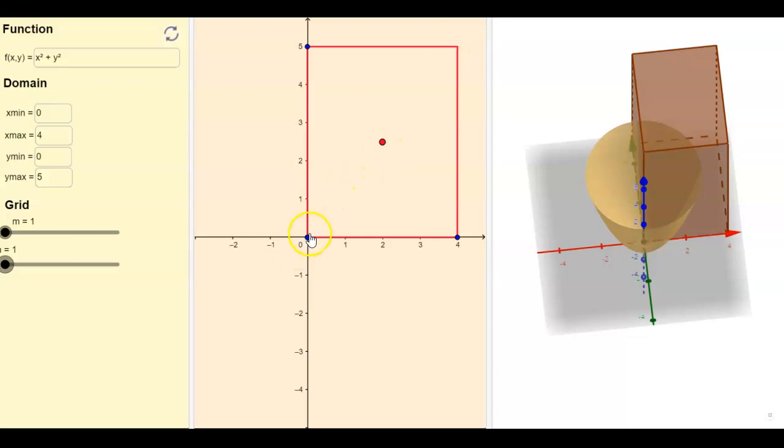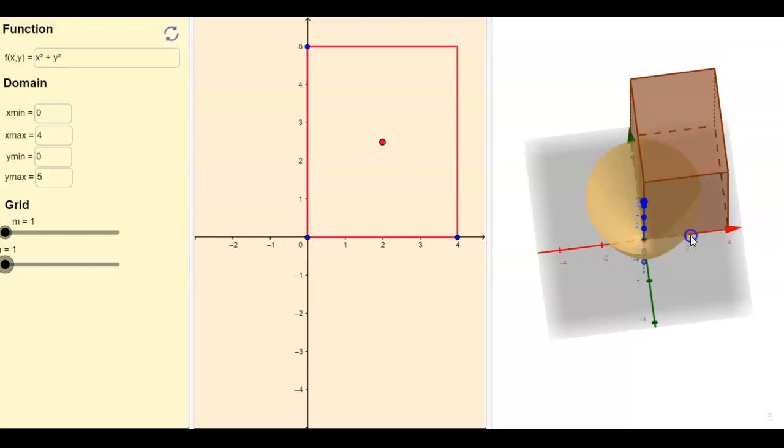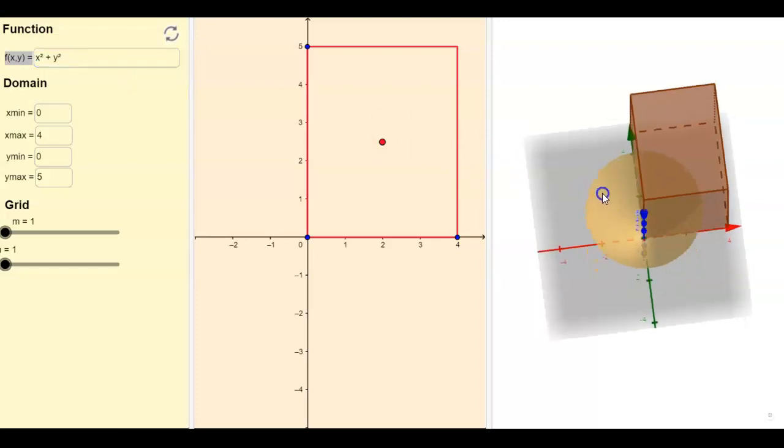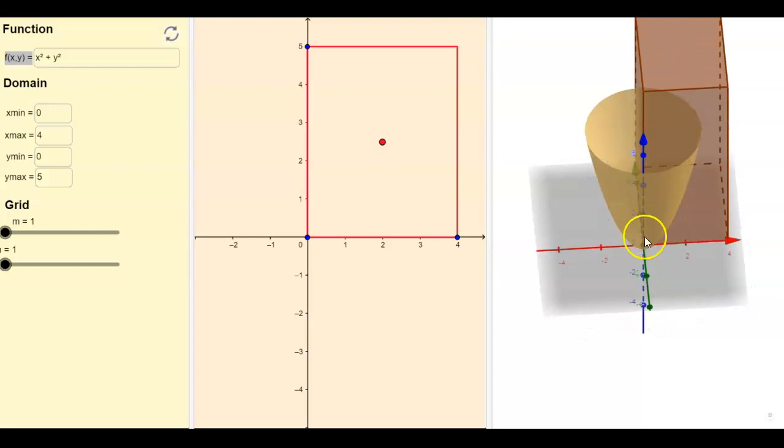So we could have approximated the height of that paraboloid at x equals 0, y equals 0, but as you might imagine, that would be a rectangular prism with 0 height, because whenever you put 0 in for x and 0 in for y, you're going to get 0 as an output. So your estimate based on the height of the paraboloid at the origin would give you a volume of 0, which is not incredibly useful.